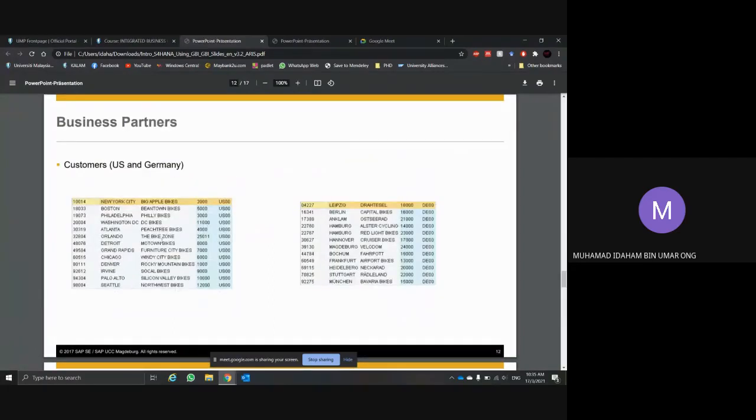Okay, now notice here, these are the different customers that are involved with GBI. On the left hand side are the people from the US, and on the right hand side are the people from Germany.